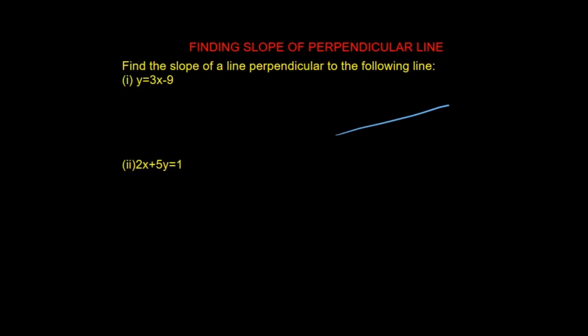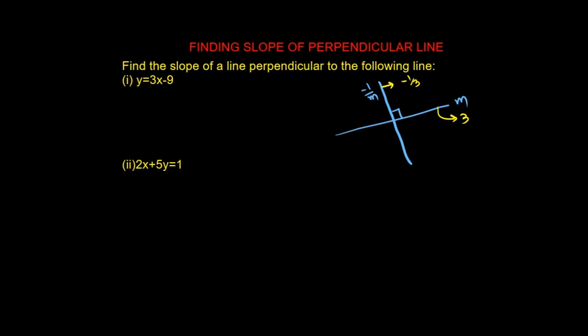If this line has a slope of m, then the line that's perpendicular to this will have a slope of minus 1 over m. If the first line has a slope of 3, the slope of the perpendicular line would be minus 1 over 3.